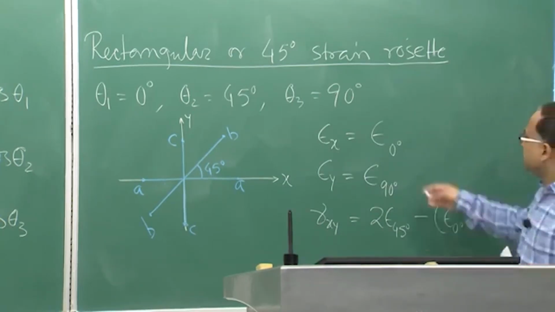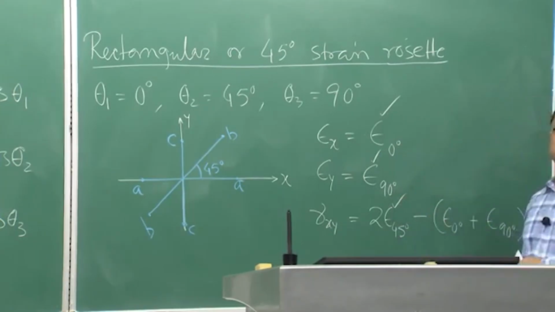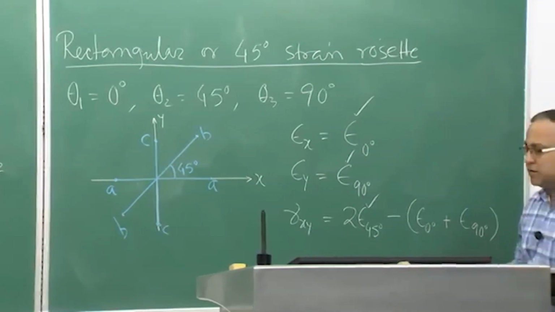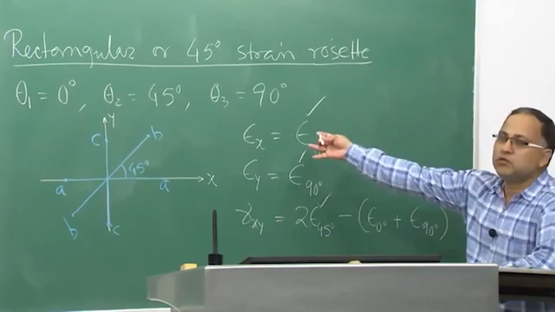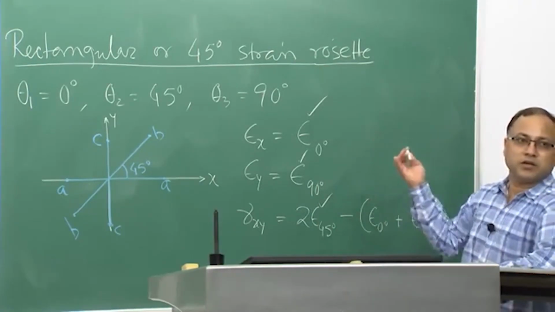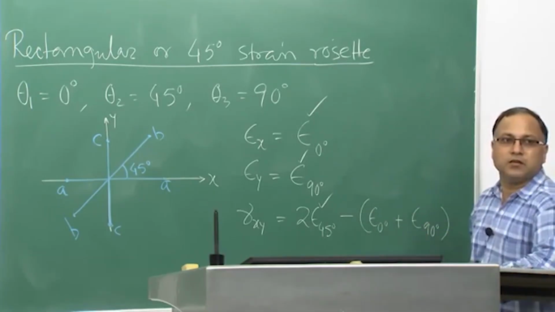So, you just simply measure these strain components from the strain gauge, okay. You get the reading, you put in this equation, you get epsilon x, epsilon y, gamma xy, and rest of the things you can calculate by your own, like by drawing the Mohr circle or whatever.